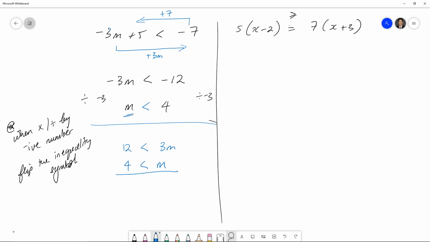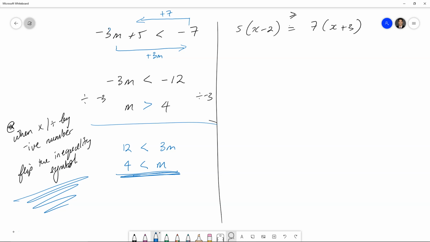We're saying that m is less than 4, but in this version, we have 4 is less than m, which means m has to be greater than 4.